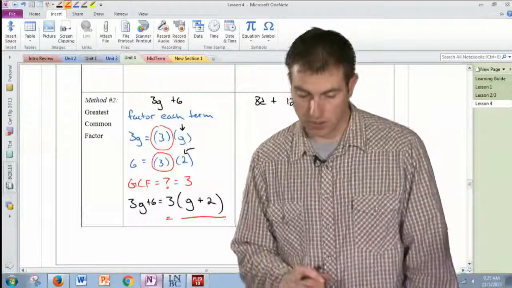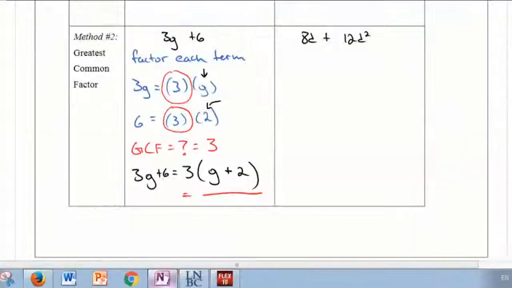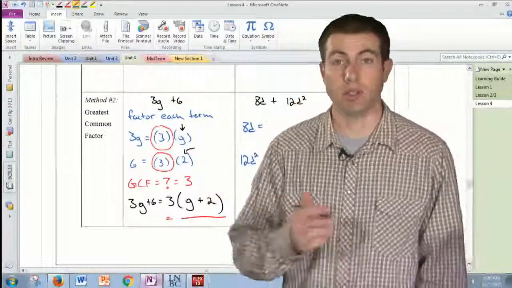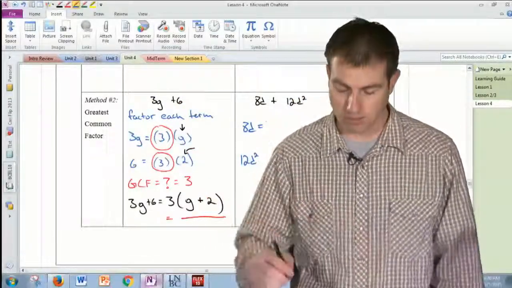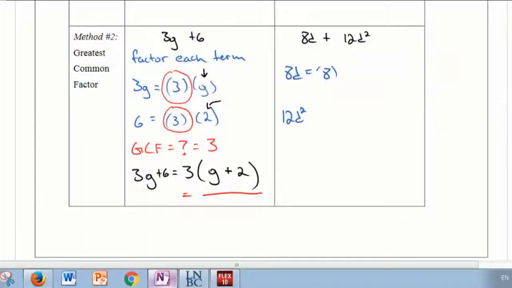Maybe let's look at the second one here. I have 8d and I have 12d squared. So if I wanted to factor 8d, what terms do I have that I multiply together to end up with 8 and d? Well, it's just 8 times d.